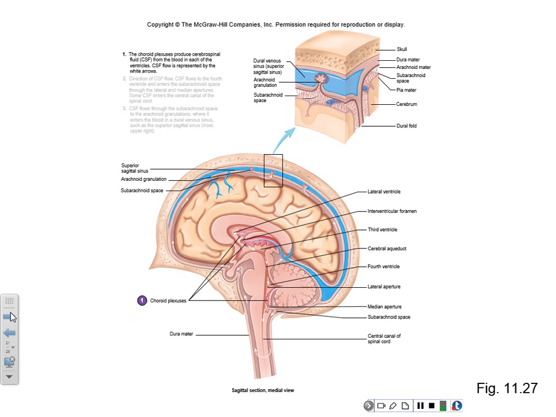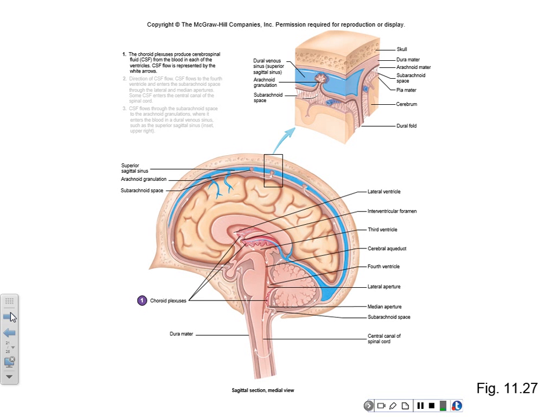So now this is showing you the flow of cerebrospinal fluid. We said most of it is produced by the choroid plexuses located in the lateral ventricles. So in the lateral ventricles we have most of the cerebrospinal fluid being produced by the choroid plexuses.